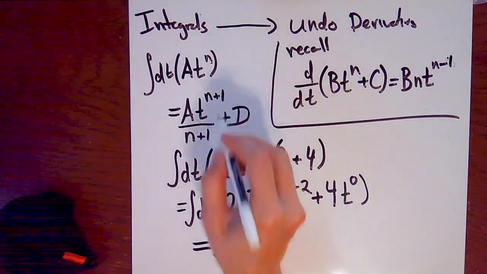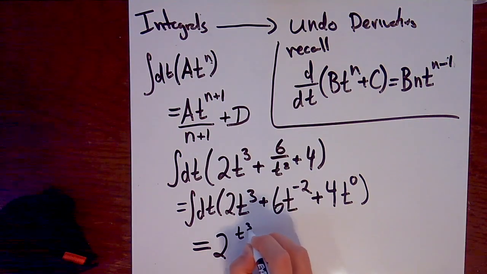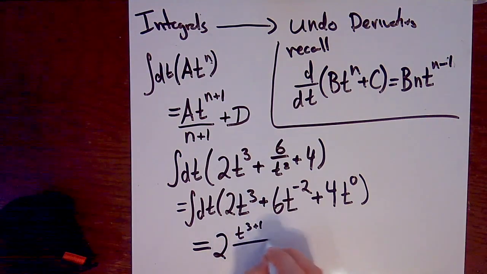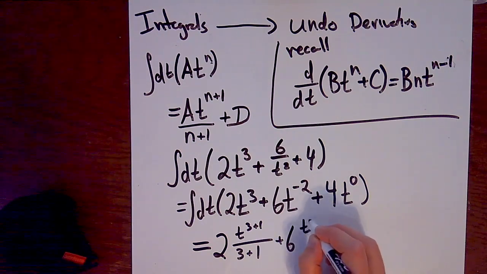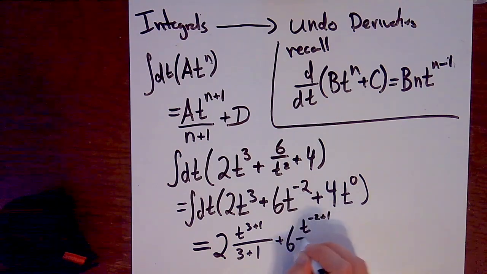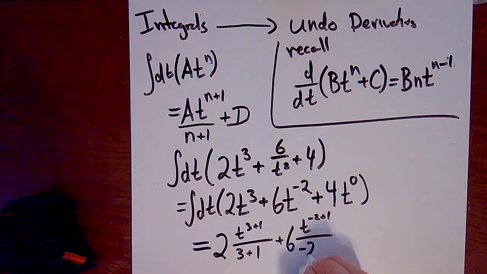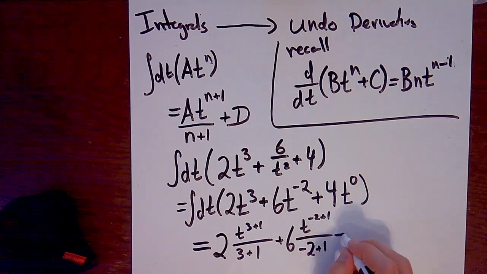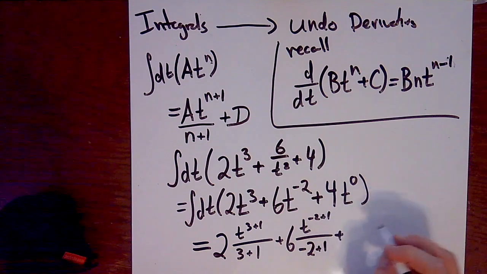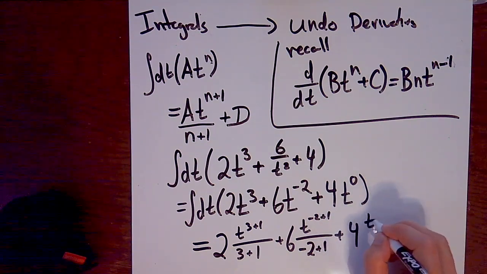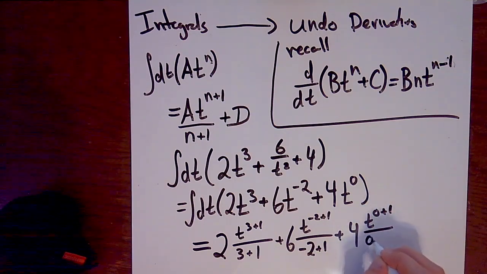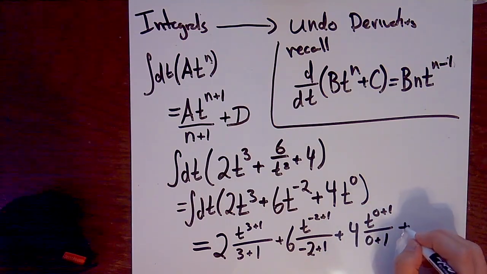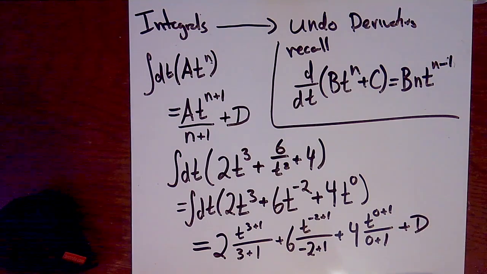T to the 3rd power, we're going to add 1, so that's t to the 3 plus 1, divided by that new power, 3 plus 1. Plus next term, 6, t to the negative 2 plus 1, divided by that power. It's negative 2 plus 1 here. And now you can see maybe why I did it this way. I have 4 t to the 0, the old power, plus 1, divided by that new power, 0 plus 1. And then, of course, we do have the constant that we've always got to write.